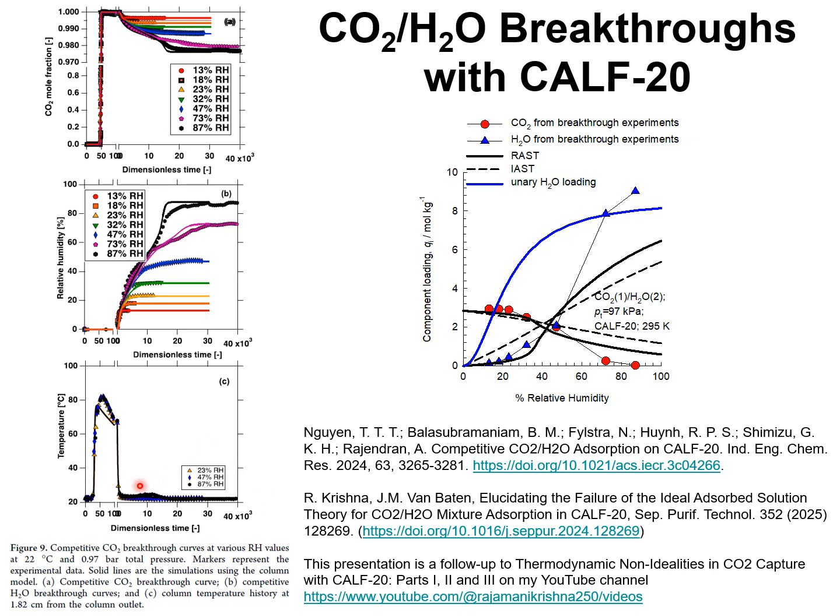The first thing to note is that for a short time period of 0 to 100 dimensionless time units, there is a sharp peak in the temperature, but for the majority of the time interval involved in the breakthrough experiments, more or less isothermal conditions are maintained in the column.